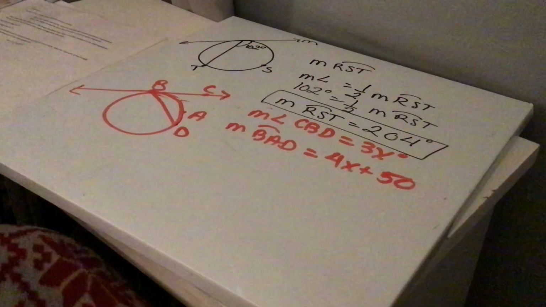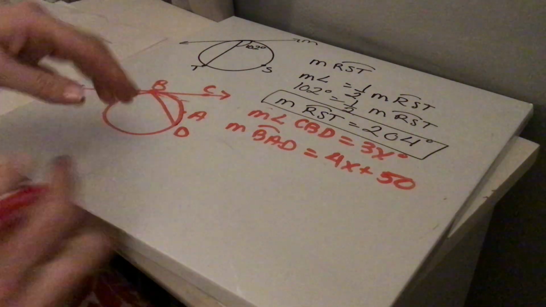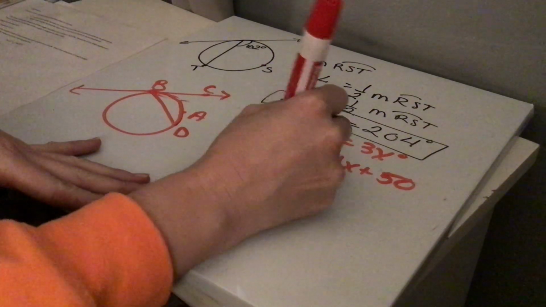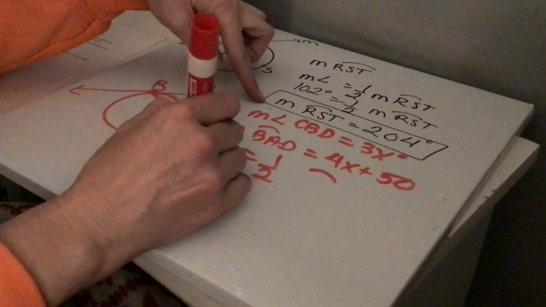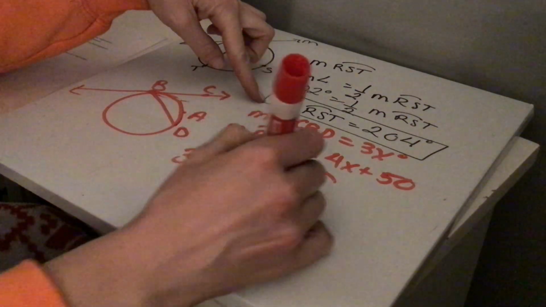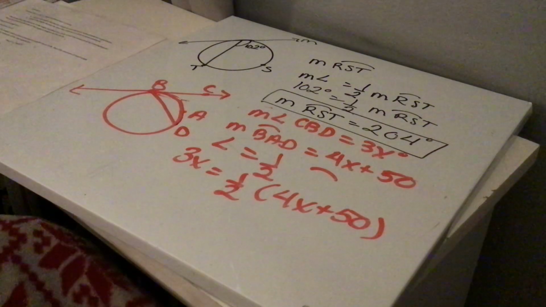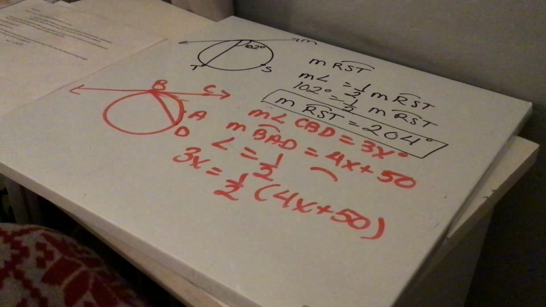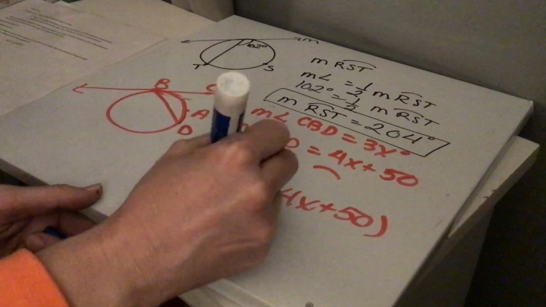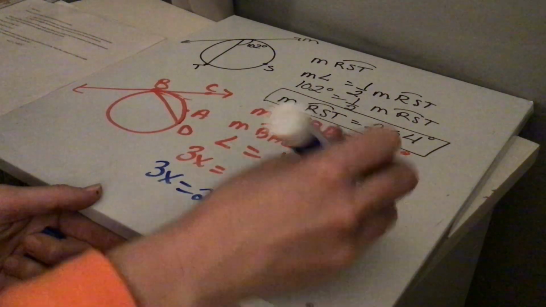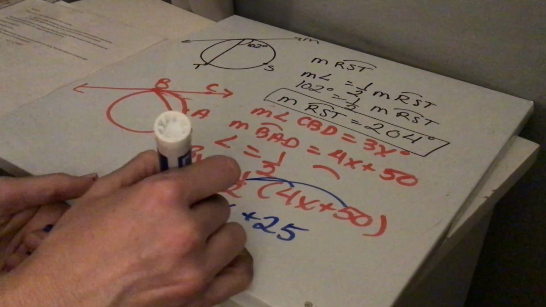Okay, so again, the vertex is on the circle, so that tells us that the angle is half the arc. So the angle is 3x, that's 1/2 the arc, which is 4x plus 50. And then we can solve for x. So we're going to distribute the 1/2. So 3x equals 2x plus 25, and subtract 2x. So we get x is 25.